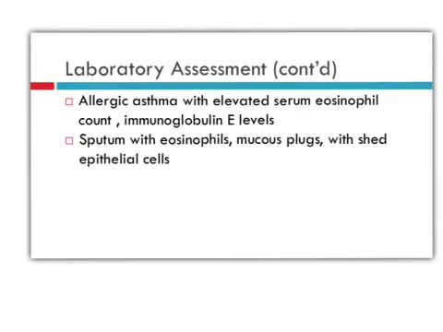Other things that you're going to see, there's an allergic asthma. If you check the blood levels, you're going to end up with eosinophils, and also your IgE, immunoglobulin levels, with the specific IgE. Sputum with eosinophils, mucus plugs with shed, those are all indicative that there's been an allergic reaction.